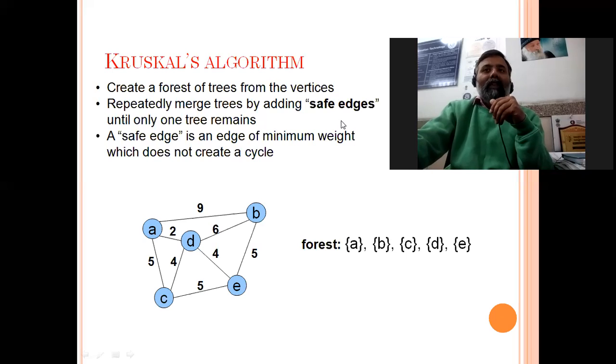So safe edges means whatever edges we are selecting, it will lead to a minimum spanning tree. So a safe edge is an edge of minimum weight which doesn't create a cycle, and hence we say it is a safe edge.